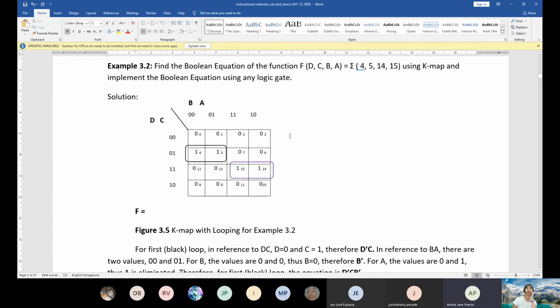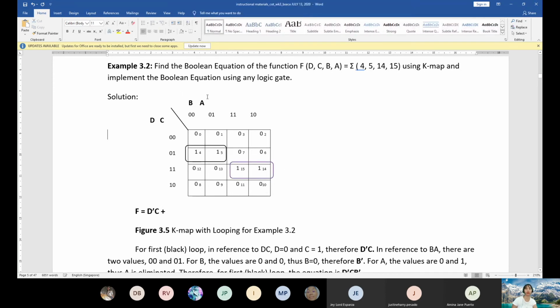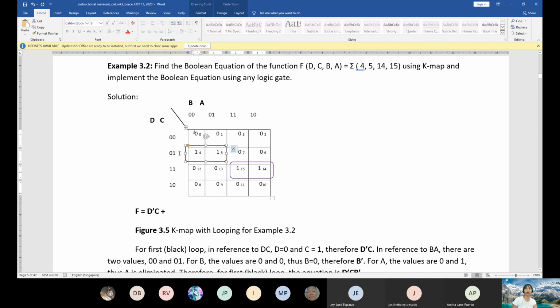How are we going to write that? This is min term D prime C, ma'am. Okay, we'll write D prime C plus, for the violet loop. I'm not yet done with the black loop, sorry. For the black loop, we have D is 0, C is 1.